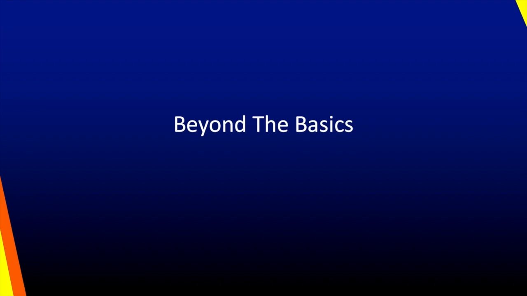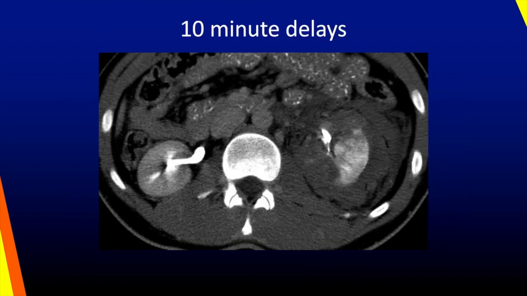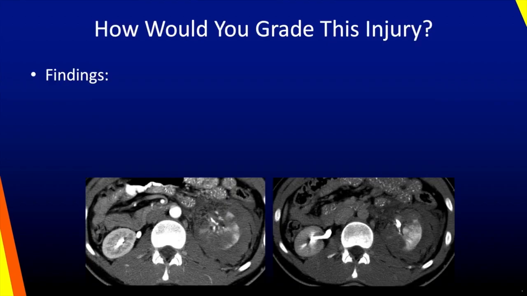Let's now go beyond the basics. Our next case has 3 images showing damage to the kidney. 10-minute delayed images are also available. So how would you grade this injury?